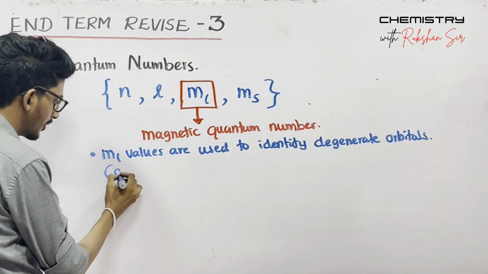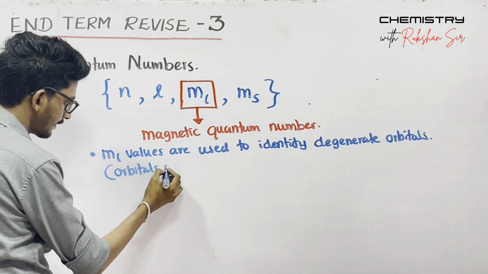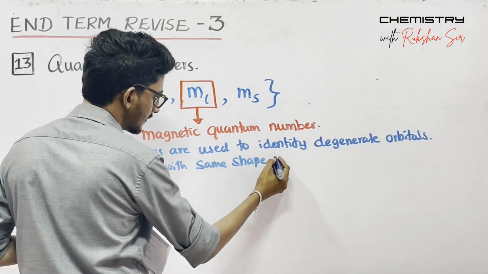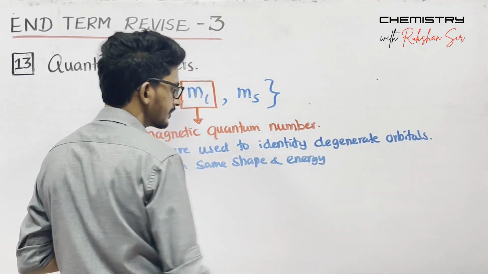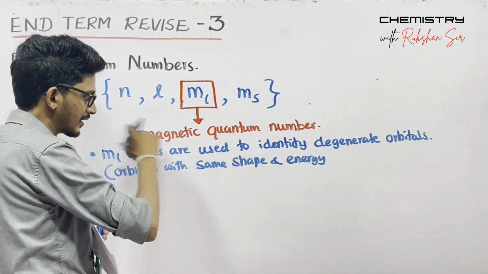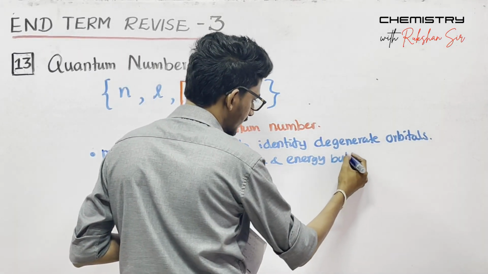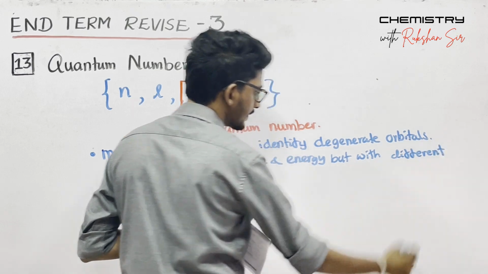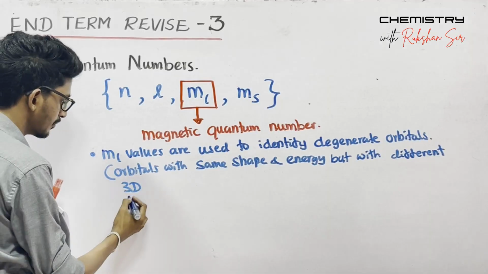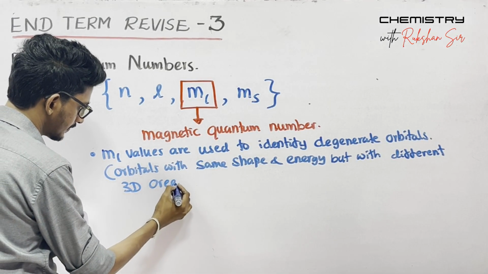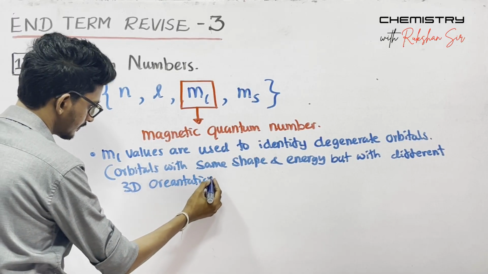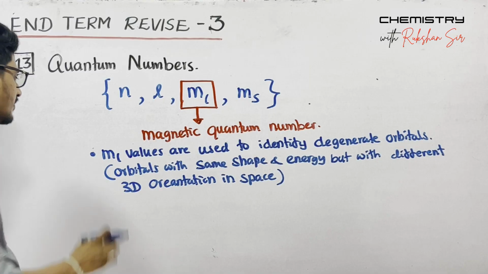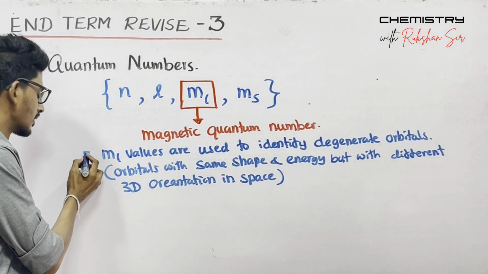Degenerate orbitals are orbitals with the same shape and energy, in the same subshell, but with different 3D orientation in space. Those are degenerate orbitals. So to identify the degenerate orbitals, we use the magnetic quantum number.